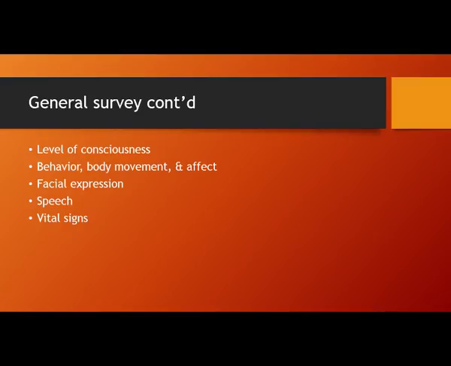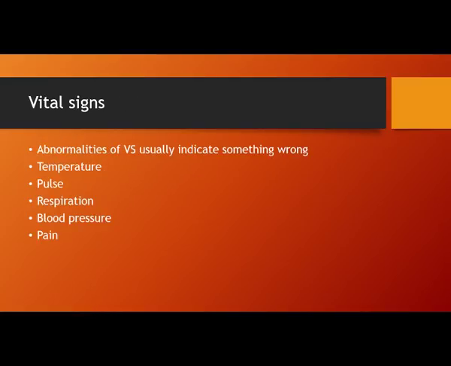So this really is accomplished very quickly. It sounds like a lot, but this is basically just your first impression of the client, and then your vital signs. Abnormalities of vital signs usually indicate that something is wrong. Now, there are exceptions.